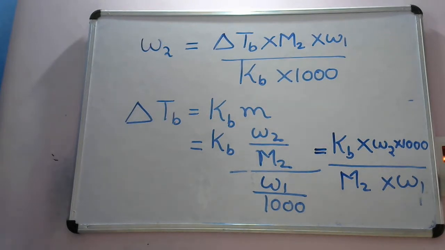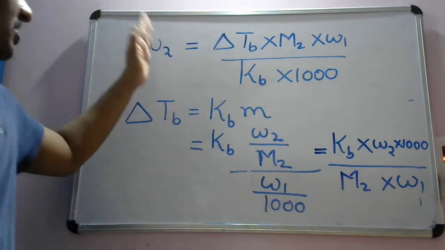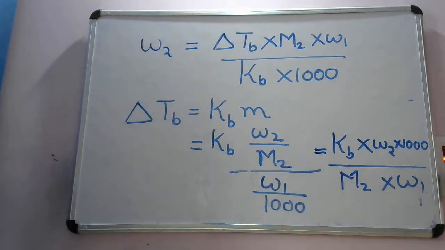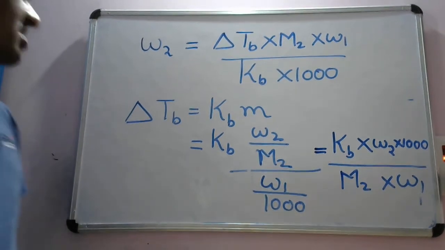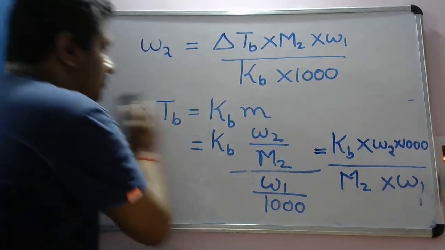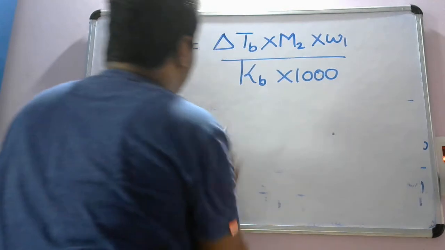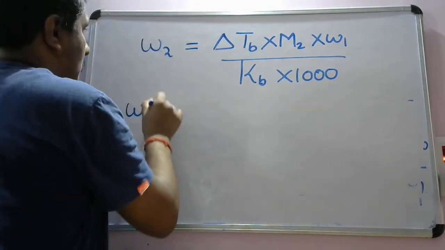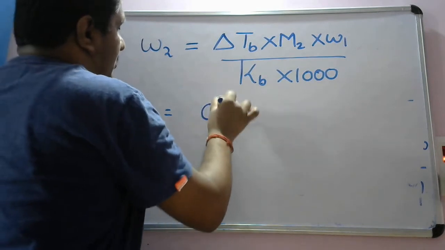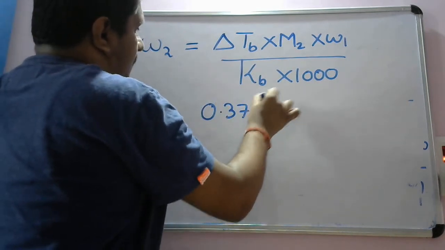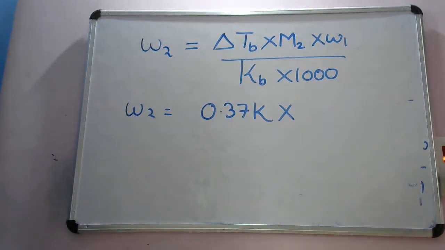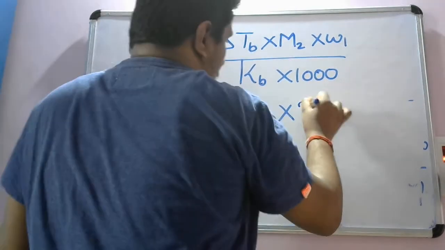We simplified the above formula by keeping W2 one side and all the known factors in one side, so that our calculation becomes easier. Now let us calculate W2. We will substitute all the values. Delta TB was 0.37 Kelvin. Molar mass of solute was 342 grams per mole.